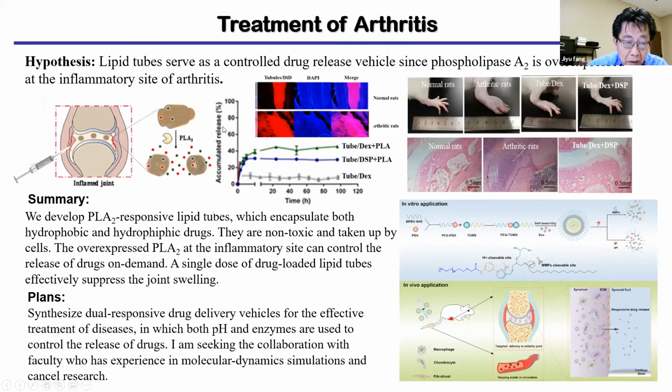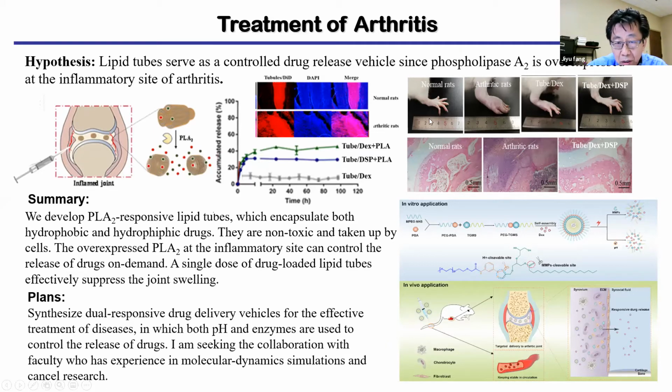Here is the cumulative release of the drug from the tube, with and without lipase. Without lipase, the drug is only able to release slowly from both ends. However, in the presence of lipase, drug release is significantly increased.